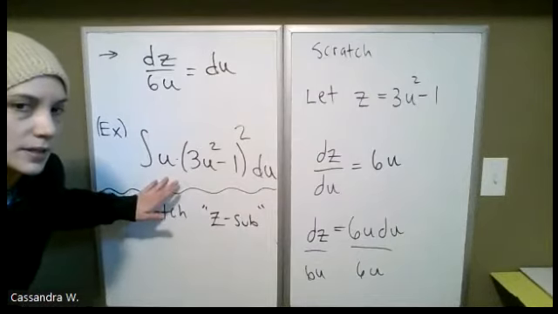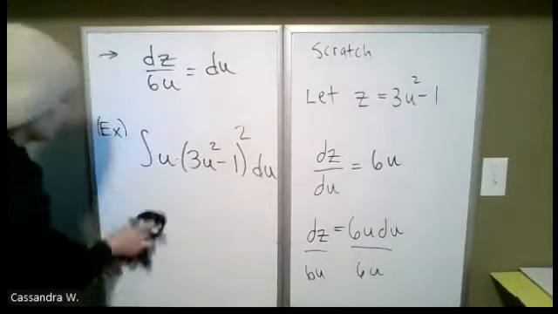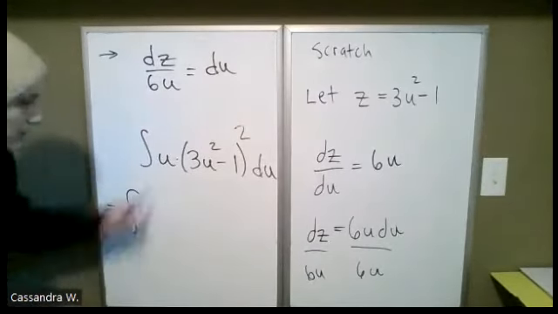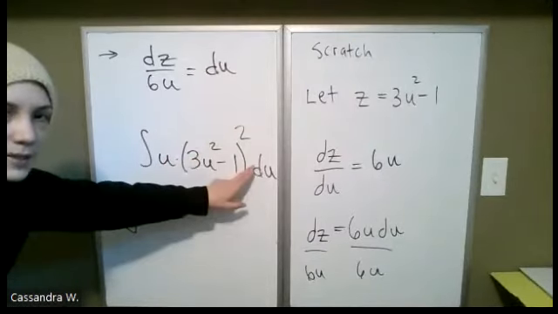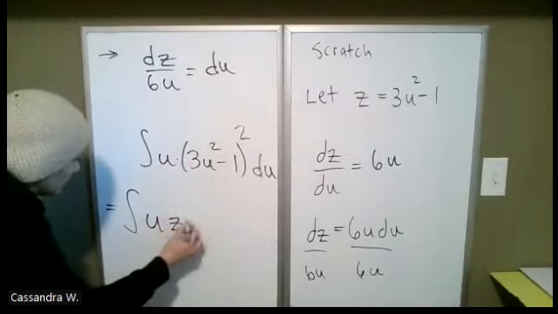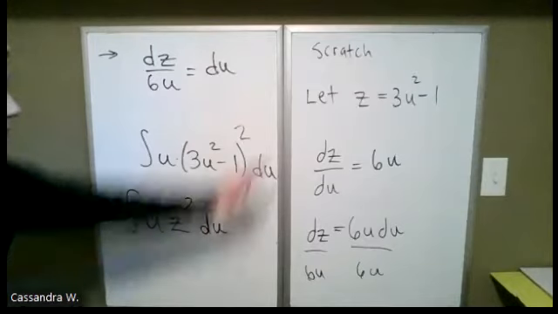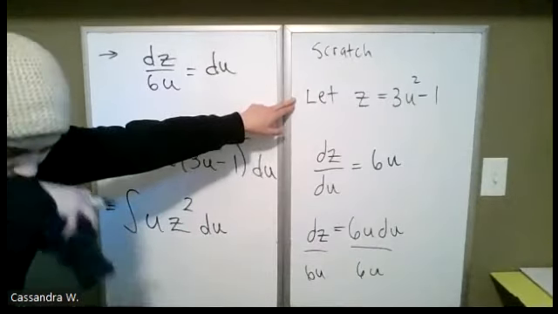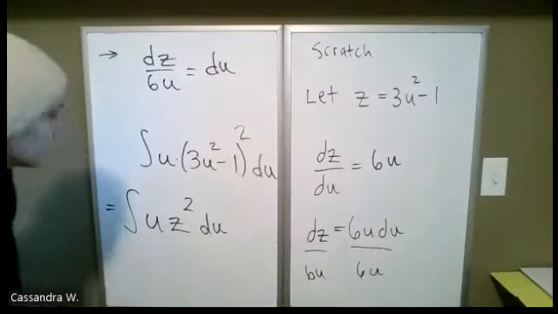So we're going to go from here to an integral of u times z squared du. So I've substituted in my value of z for my function.